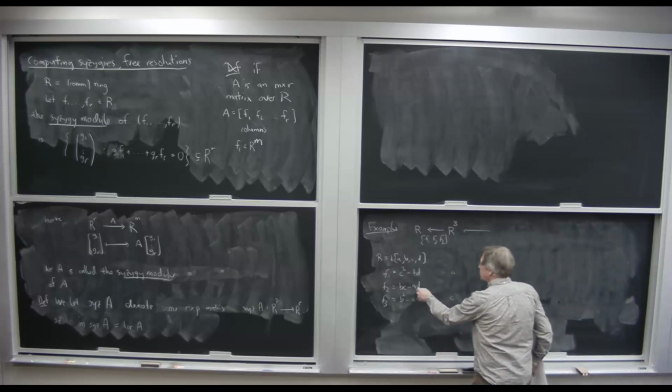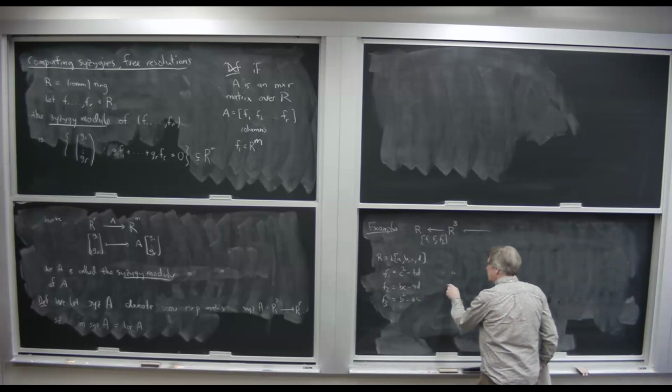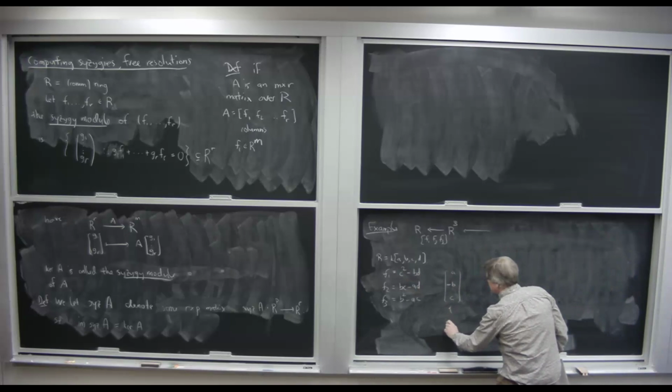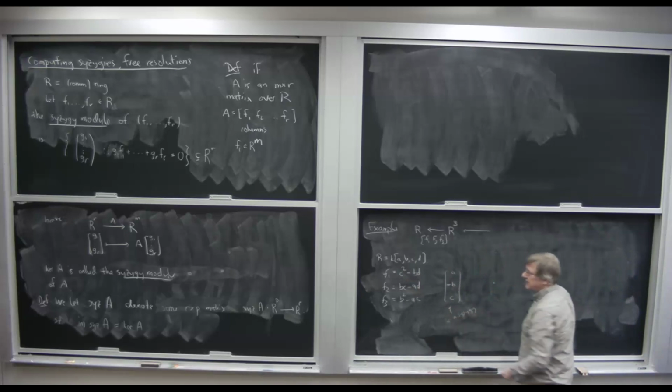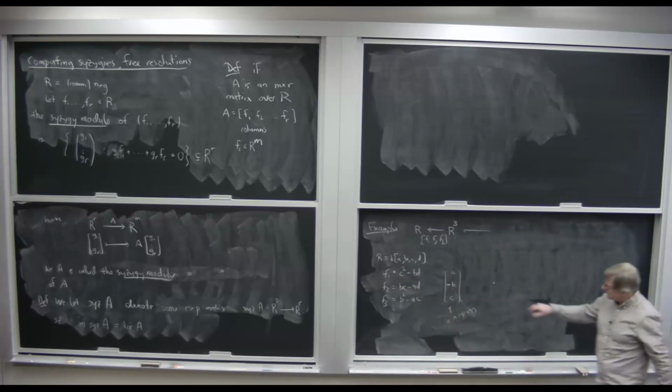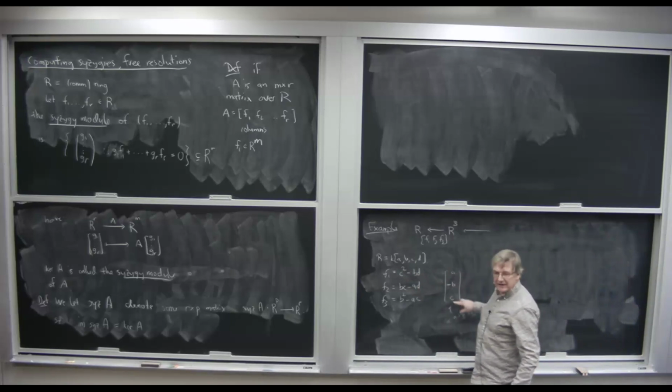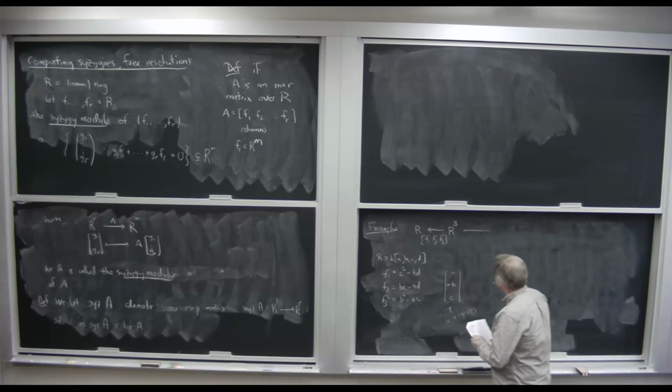I need ABD from here, and I need it to have a different sign. So minus ABD, minus ABC. So I would like to claim that this thing here is a syzygy. A syzygy is just an element of the syzygy module. So A, minus BC here. And if I check this out, I think everything cancels if I got it right.